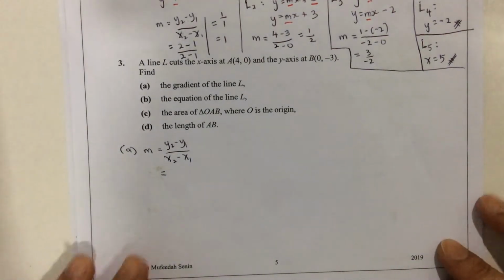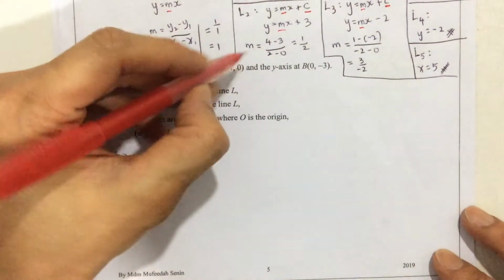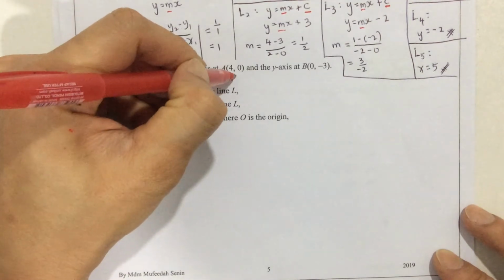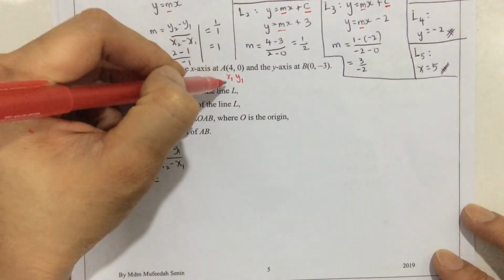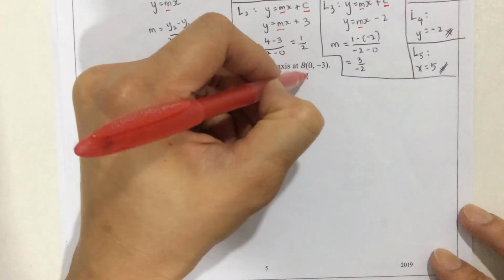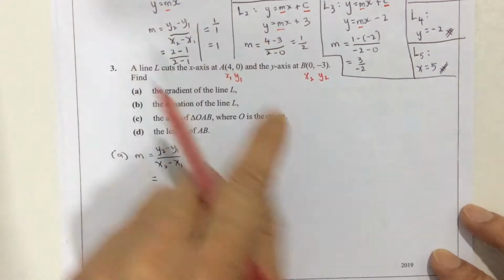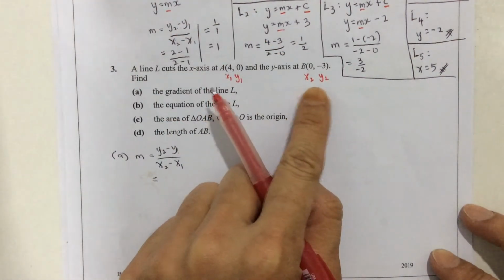So I'm going to label the 2 points here, x1, y1 for 4,0 and x2, y2 for 0, -3.